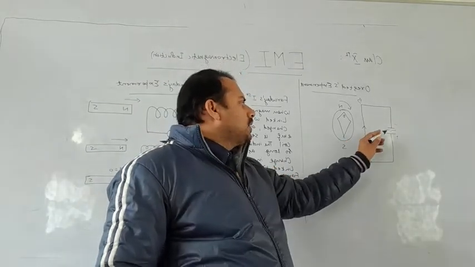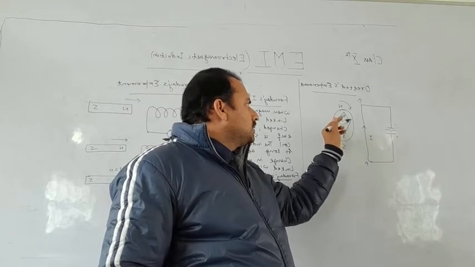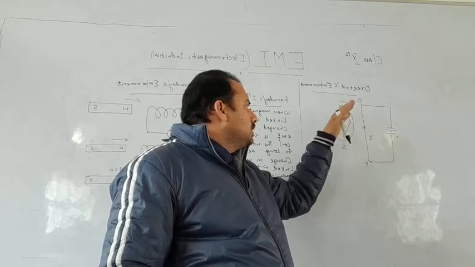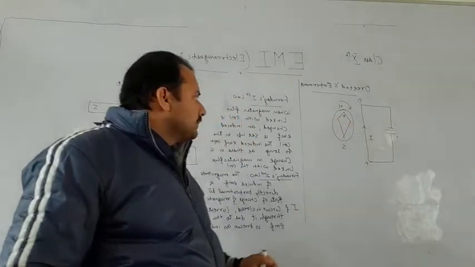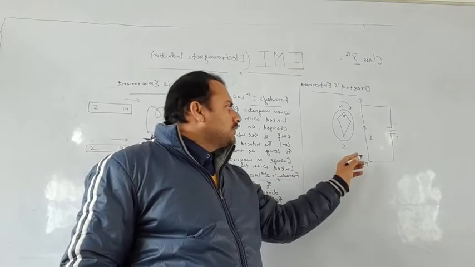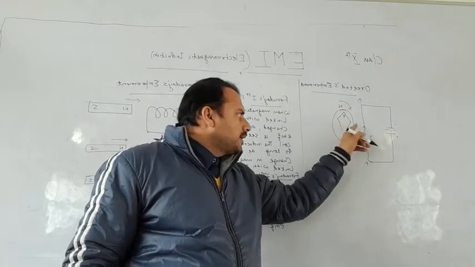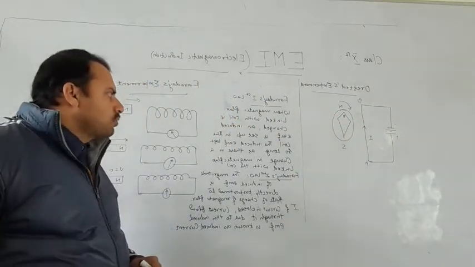And when the polarity of this battery was reversed, then the deflection was at the right side. Okay, so in this way we can say when there is a current flowing through this conductor, there is a presence of magnetic field around this conductor.